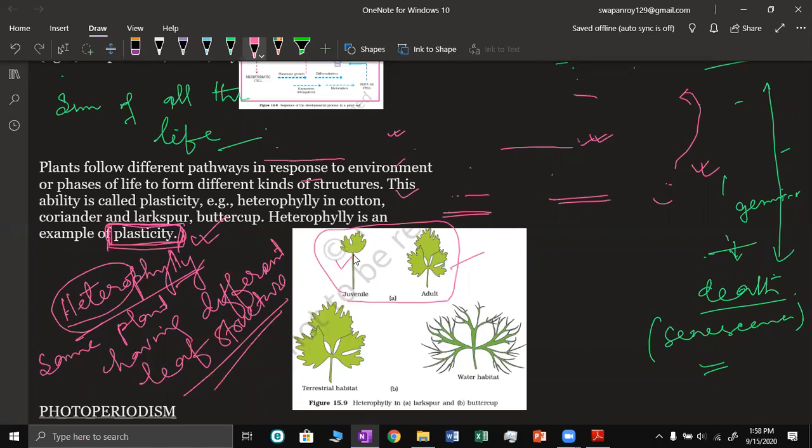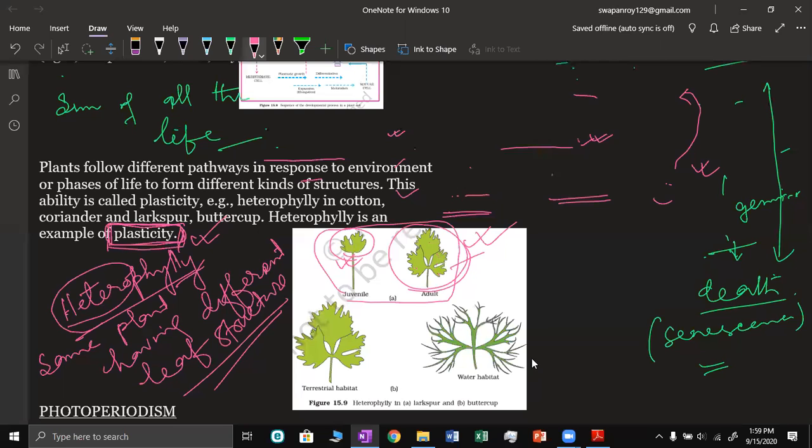See, this is the initial shape of the leaf, and here you can see it has been divided into 3 to 4 parts. The leaf shape is different. This is heterophyly. Heterophyly is very common in aquatic plants, particularly plants growing partially submerged, that is, half of the plant is inside water and the rest of the plant is above the water level, in the air.